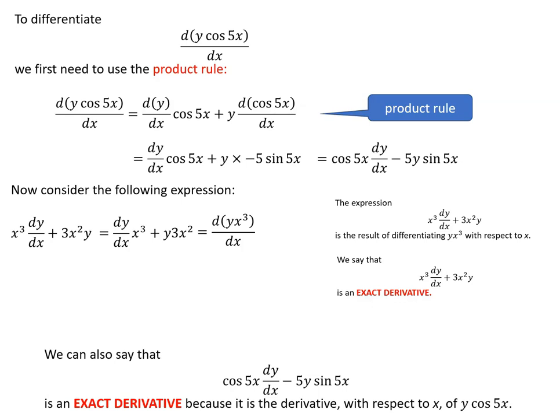In a similar way, if we look at the expression cos 5x dy by dx minus 5y sin 5x, that is also an exact derivative, because we have seen at the top of the page that it is the derivative with respect to x of y times cos 5x.